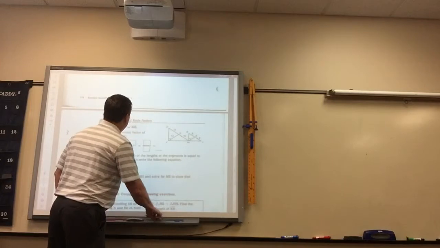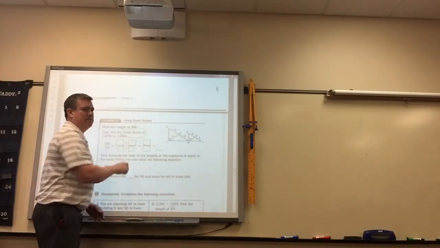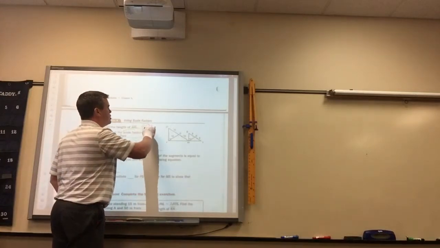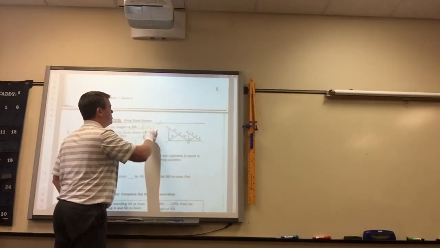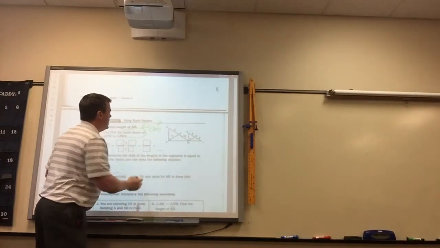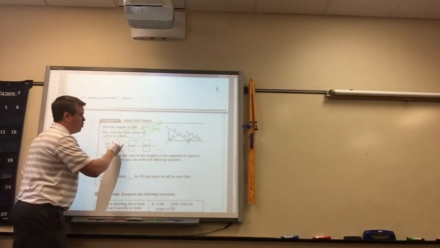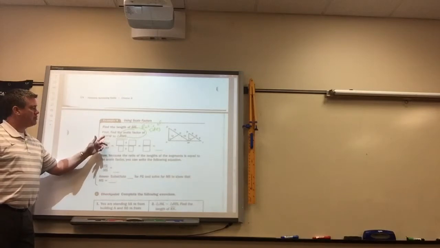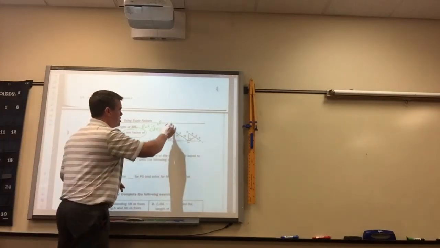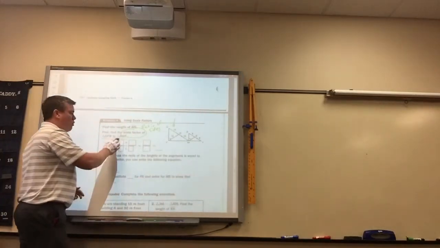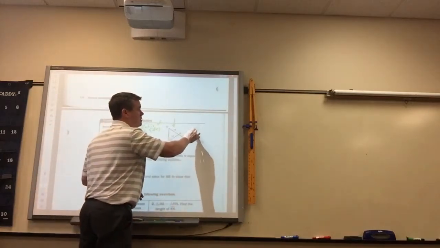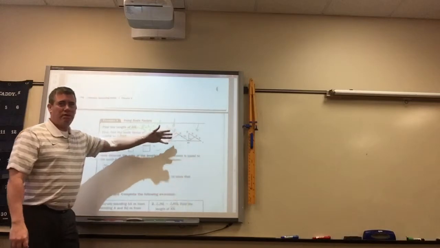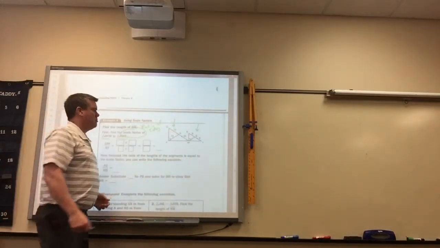So, to find the scale factor is the same as the ratio of sides. Now right here, this tells you what order you got to put them in. We got to take something off of DFM, which is this one, and put it over something on this one. So you can pick any number you want.